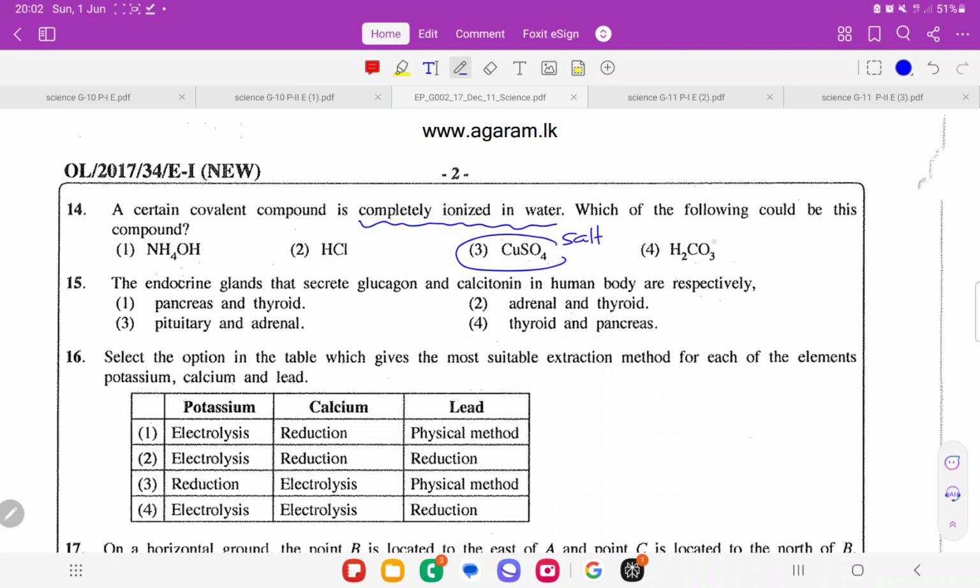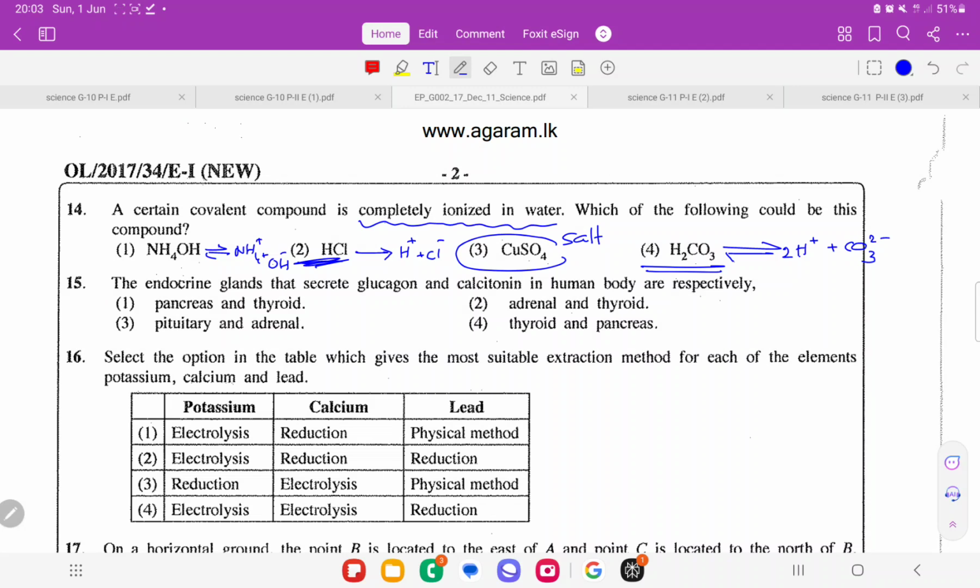H2CO3 is a weak acid, I think you remember, partially ionized. HCl, strong acid, H+ and Cl-. NH4OH, it's a weak base, NH4+ and forming OH-. HCl is completely ionized, and the third one is the answer.